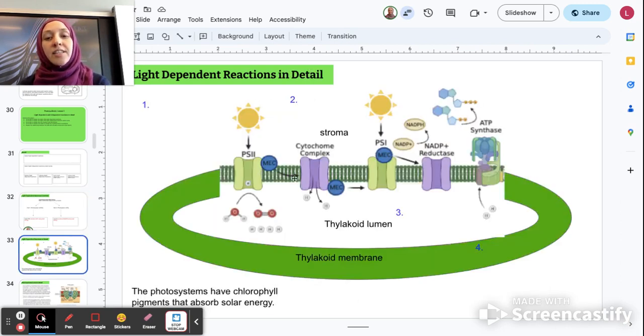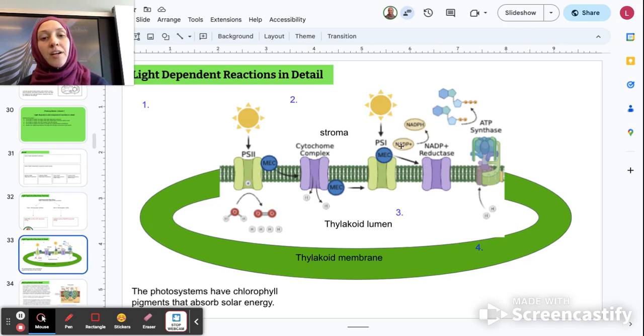Over here, our electrons continue down the electron transport chain to photosystem 1. In photosystem 1, they draw the arrow down here because our electrons don't have a lot of energy at this point. They use their energy to pump hydrogens across the membrane. However, the solar energy re-energizes them, and now they have enough energy to help us do work again.